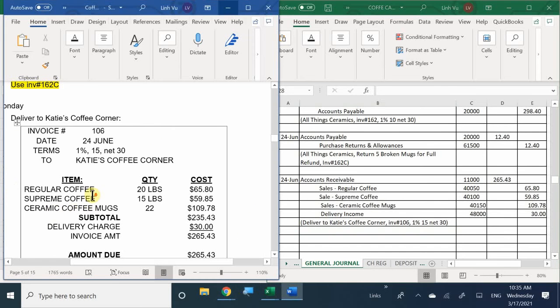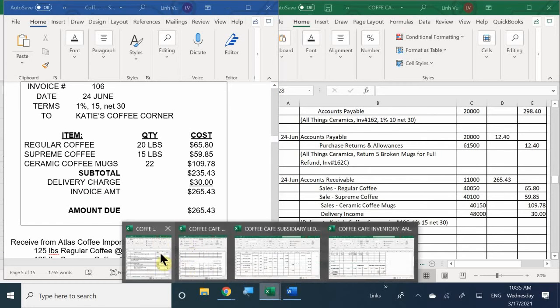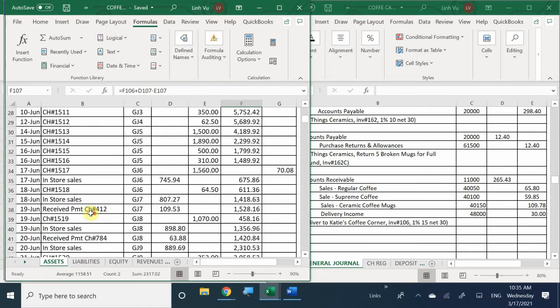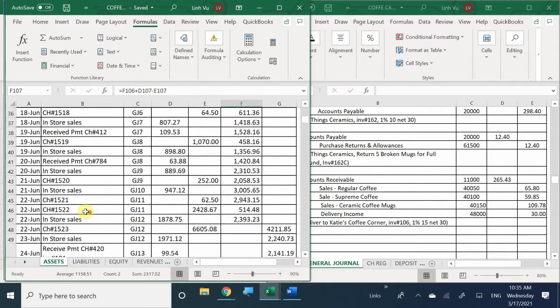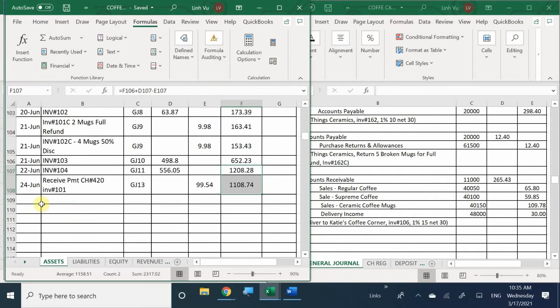So what are we going to do first? Good. We're going to do the ledger first. So here we have accounts receivable. Invoice number 106.